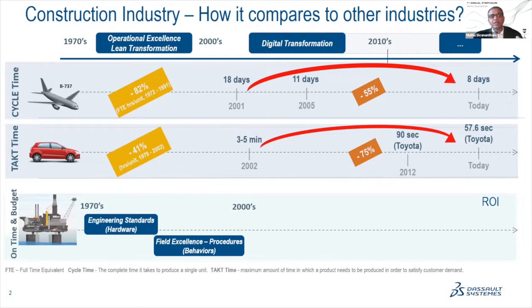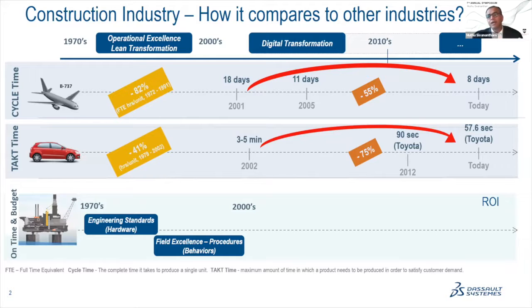Takt time is nothing but the heartbeat of a production process that's humming. So Toyota-like companies, Toyota, Ford, and the likes, are able to shrink their takt time up to 75% in the last 2 decades.